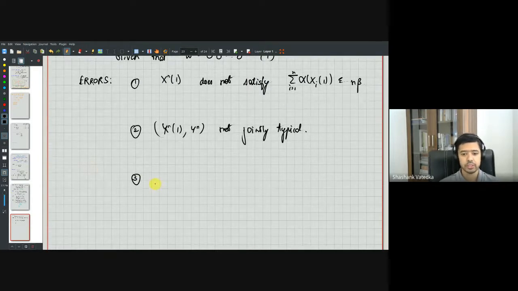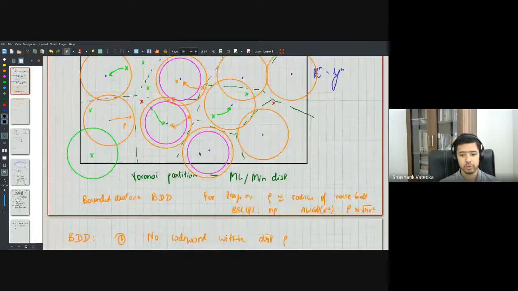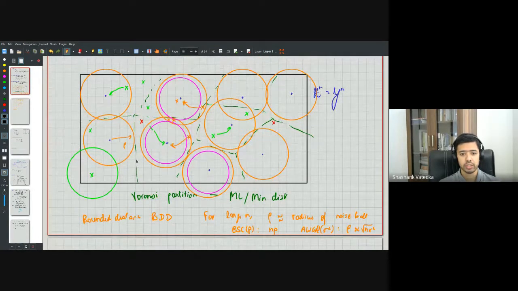So this error corresponds to the received sequence not being in any of these balls. It lies somewhere outside this particular shell. Given this particular transmitted sequence, the received sequence does not lie in this shell.